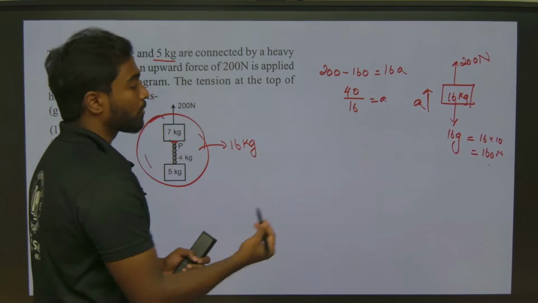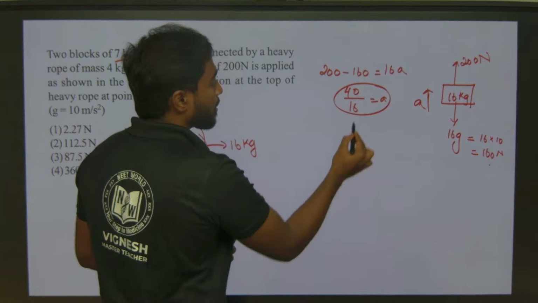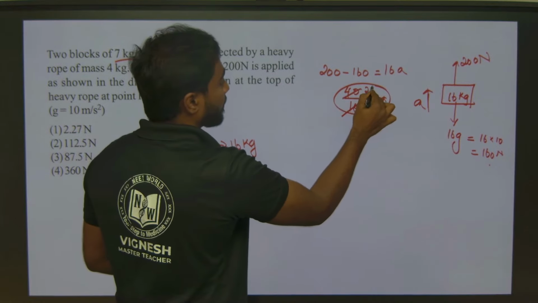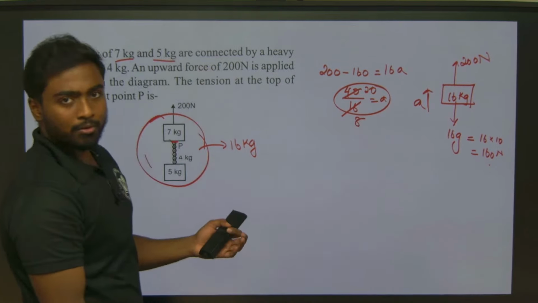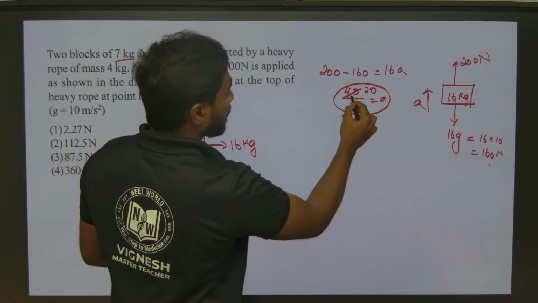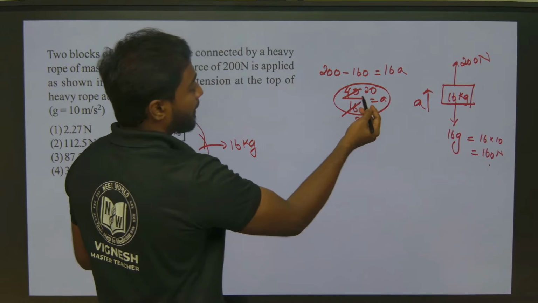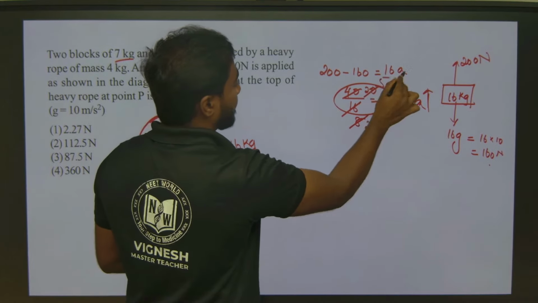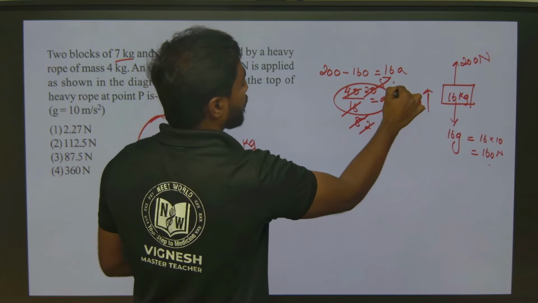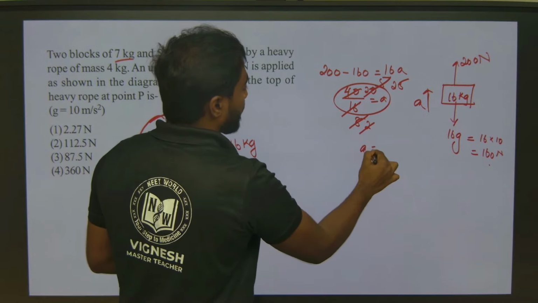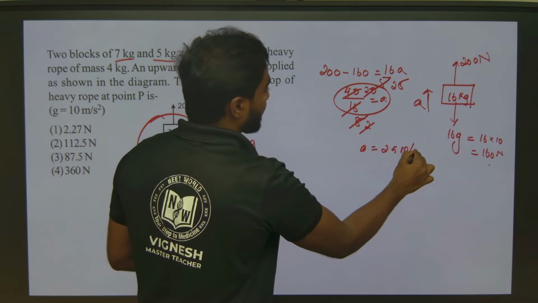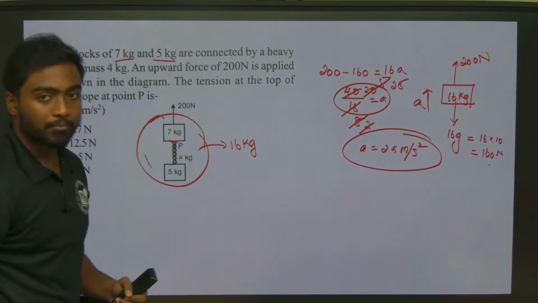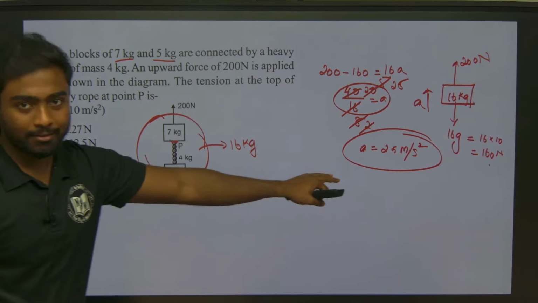Dividing by 8, this is 2 times and this is 5 times, so a is equal to 2.5 meter per second square. That's it, I got my acceleration.